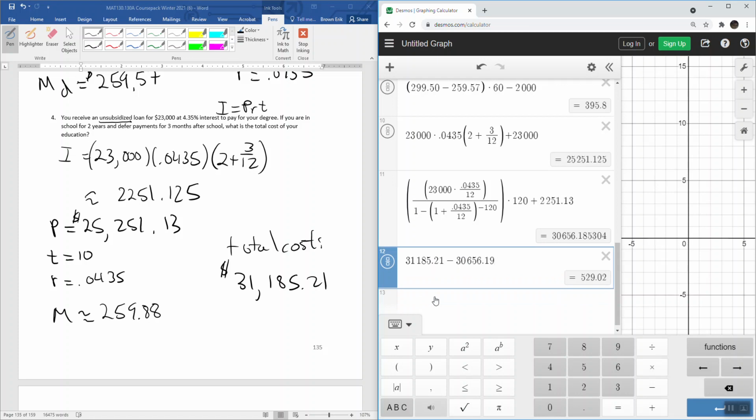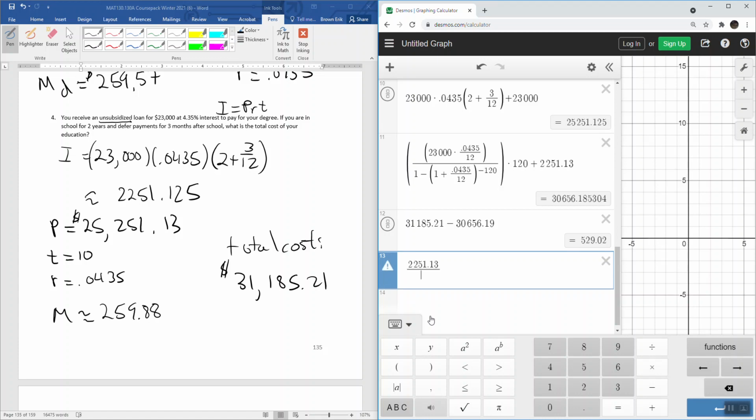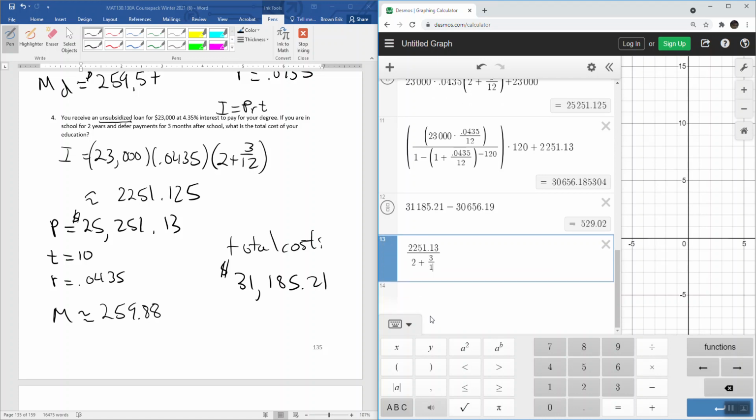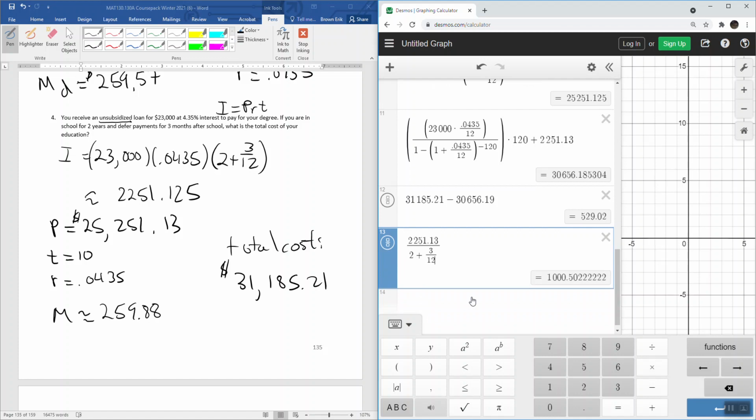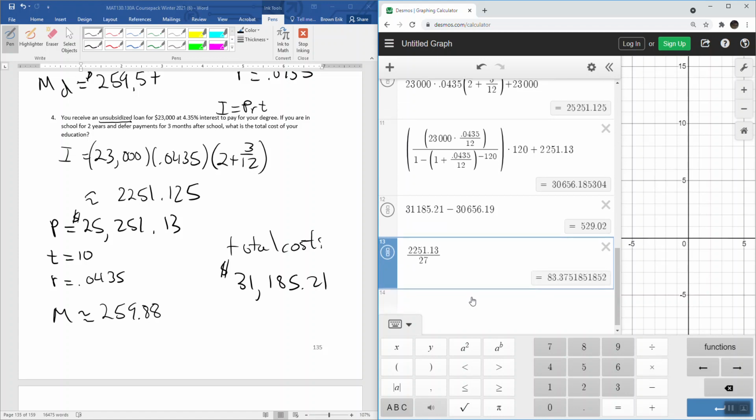And we had to cough up 2,151.13 while in school. Now, we would be making those payments for 2 years and 3 months. Oh, hang on, let's not do it that way. We want to know how many months. So there would be 27 months that we'd be paying that.